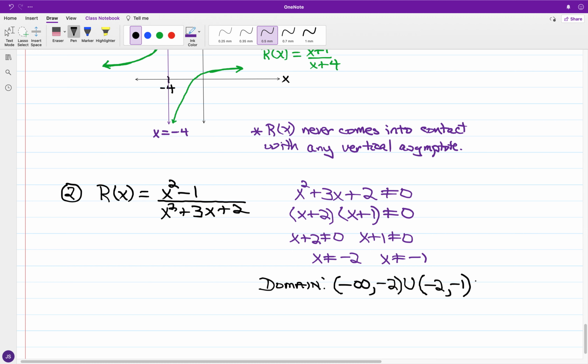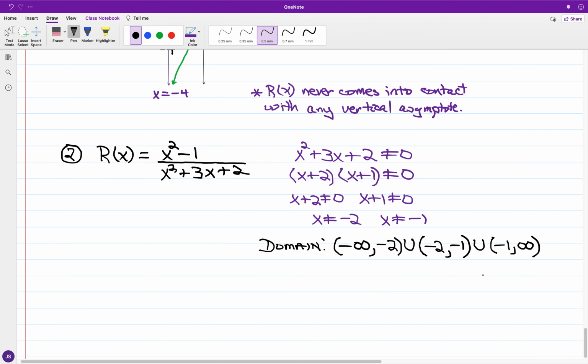And with negative 1 as the second and last excluded value, the rest of the domain will be those values of x which will be greater than negative 1. So in interval notation, we have these three subinterval sections that once again define what x can be for this rational expression.